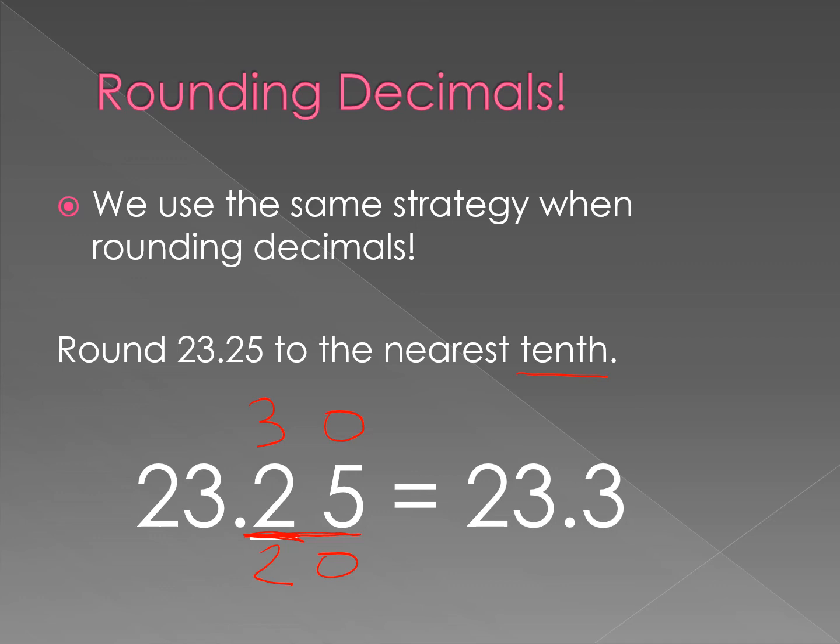So then this number rounds to 23 and 3/10. Now remember, we can add a 0. We can keep that 0. Remembering from yesterday's lesson, it doesn't change the value. We don't have to keep the 0. We can simply say 23 and 3/10. The most important part here is understanding what digit is in the place that you're rounding. If we can get that part, the rest is pretty simple.